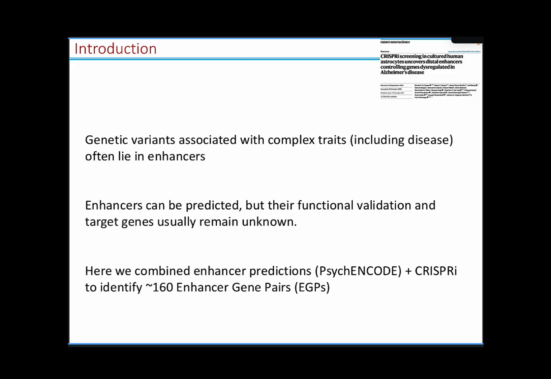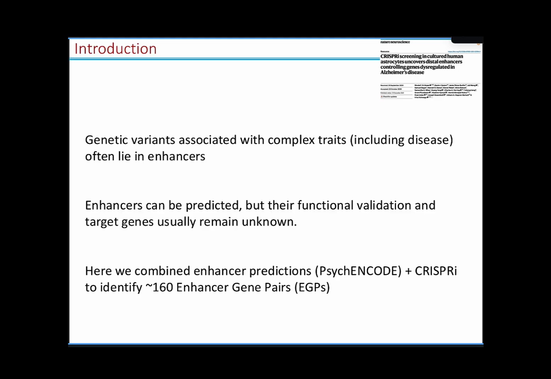With that said, enhancers can be predicted based on not so much DNA sequence often, but often based on epigenetic marks, right? When you look at how the histones in different regions of DNA are decorated by specific post-translational modifications like acetylation patterns and methylation patterns, there have been some of these patterns that have been associated with enhancers, right?